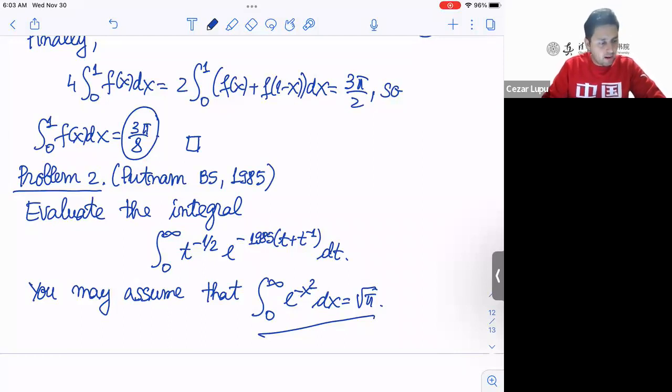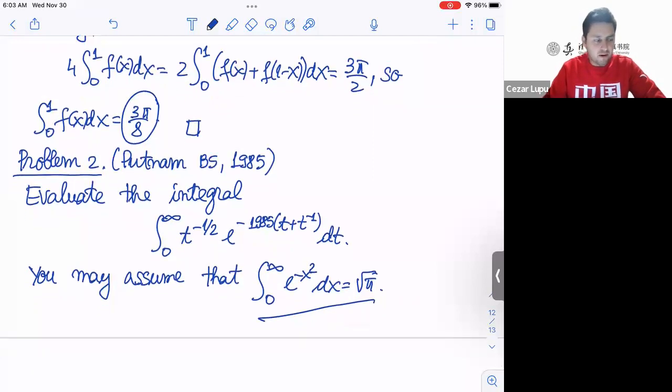All right, so like I said, instead of this number 1985, which seems pretty random, we can just put there a parameter, a positive constant.